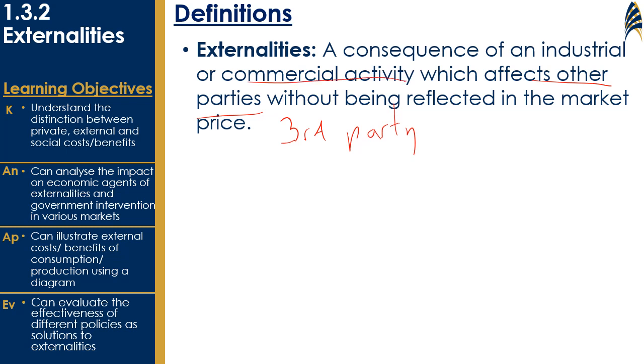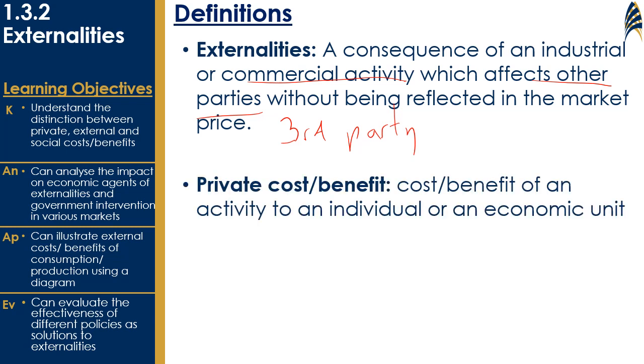The easy example would be a first party might be a firm making cars. Second party is the person buying the car. That's the transaction. And then the third party is somebody utterly unrelated to those two entities, who gets affected positively or negatively. And we'll get on to a lot more of that in a minute.